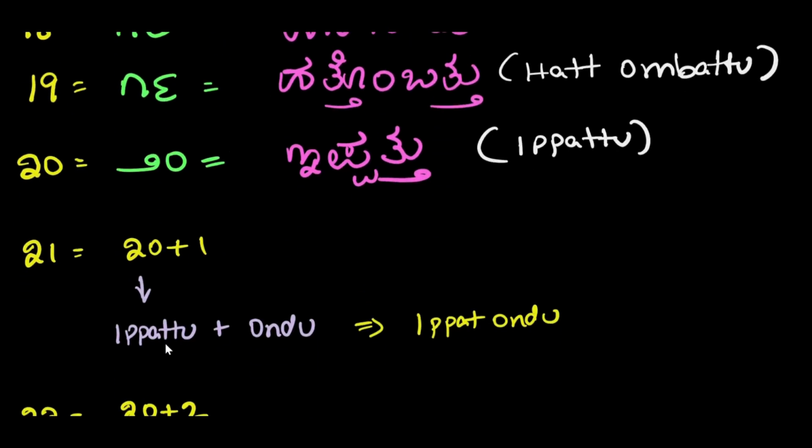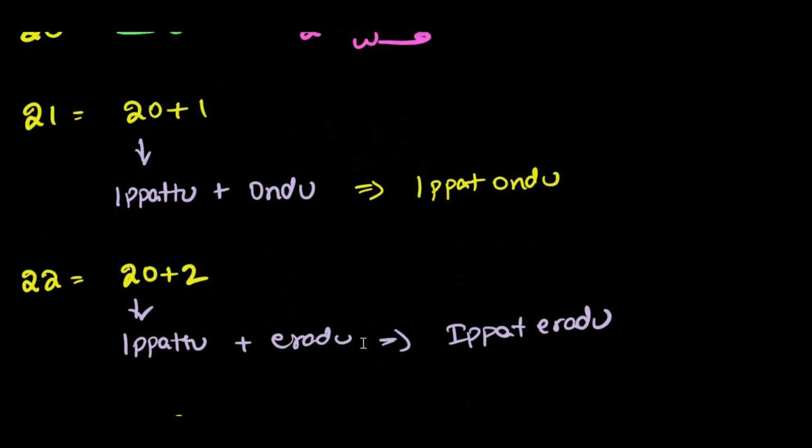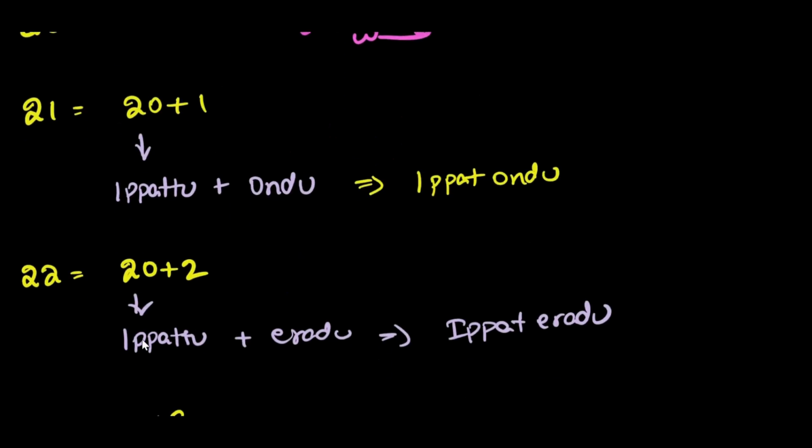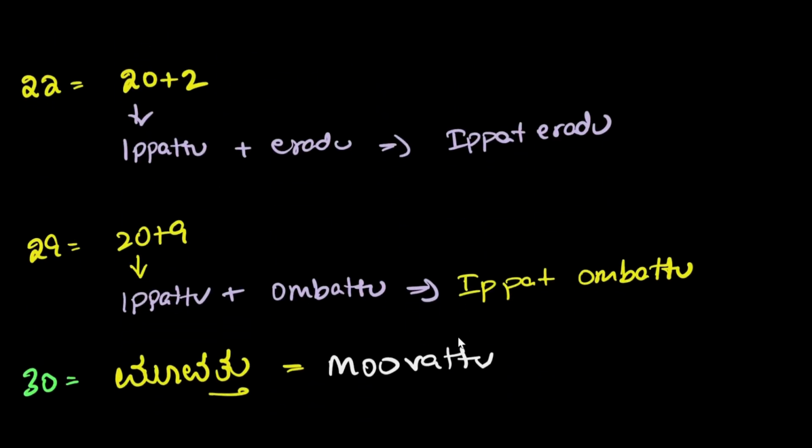And what about 21? It is 20 plus 1, Ippattu plus 1. Ippattu plus 2 is 22. It is similar till 29.